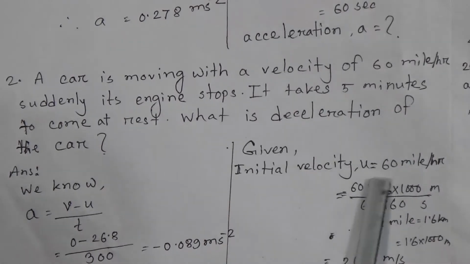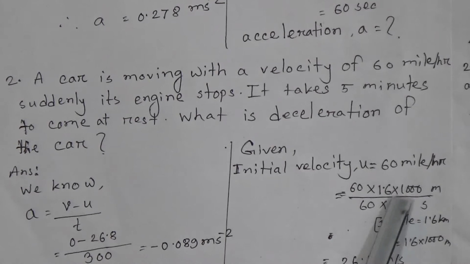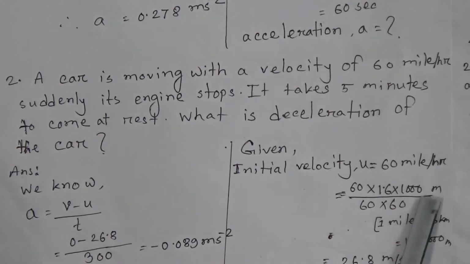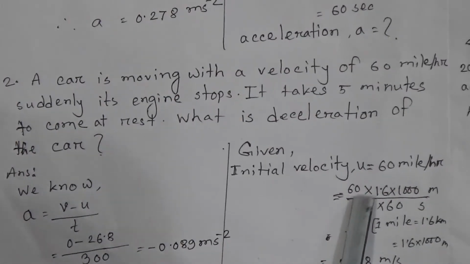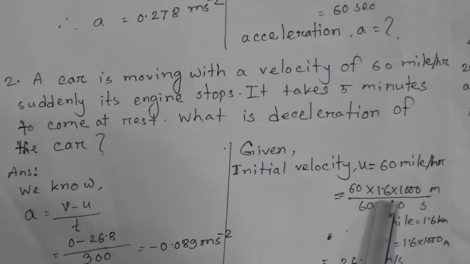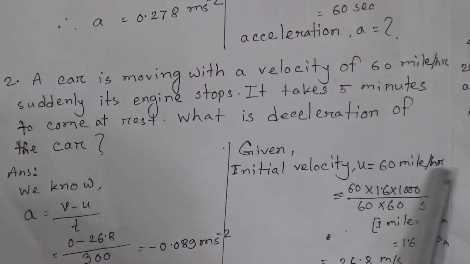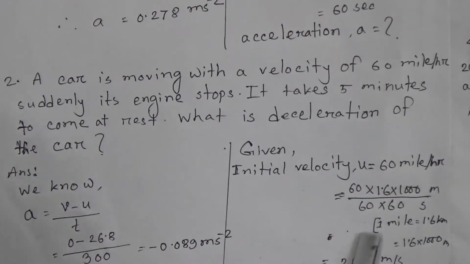The initial velocity u equals 60 miles per hour, and we have to convert miles into meters. That means 60 into 1.6 into 1000 meter divided by 60 into 60 seconds.